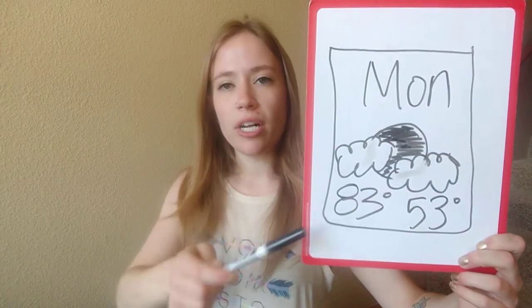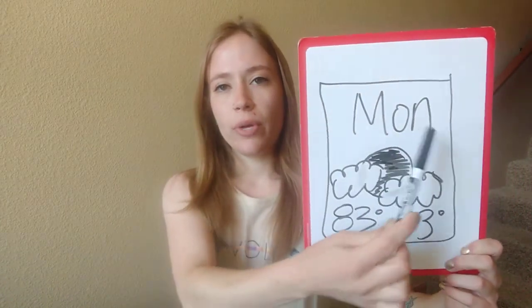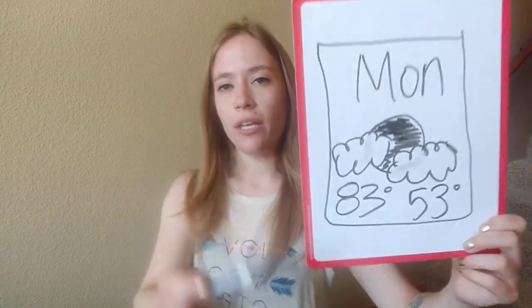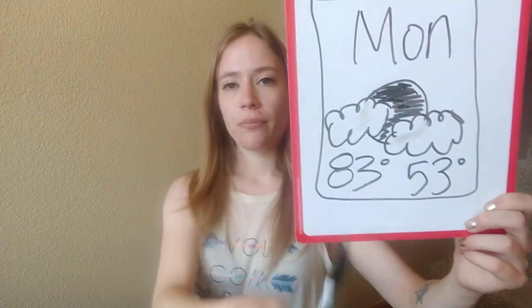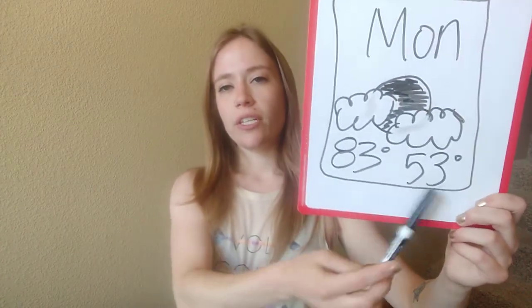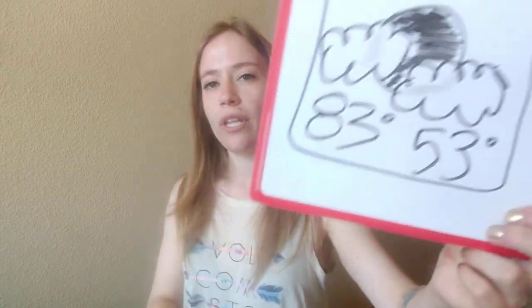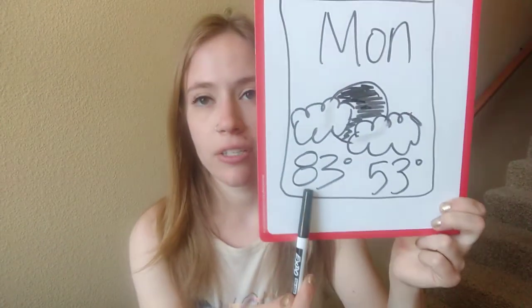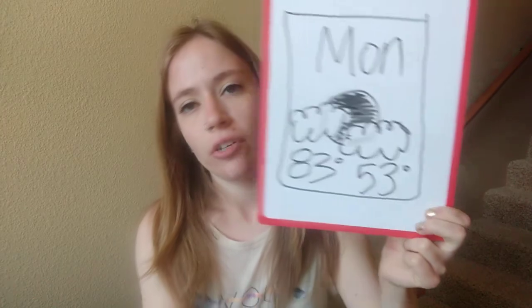So imagine that's a blue box, and we have MON, which is short for Monday, our weather picture, and then one of these is going to be our highest temperature of the day. Which will that be? Will it be 83 degrees Fahrenheit or 53 degrees Fahrenheit? Or, if you want to think about it, which one is closer to 100?